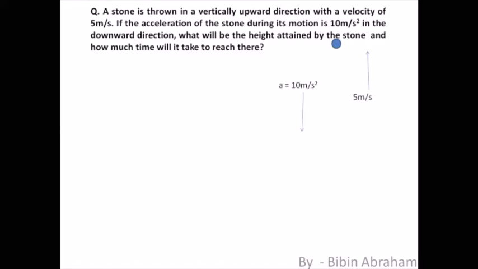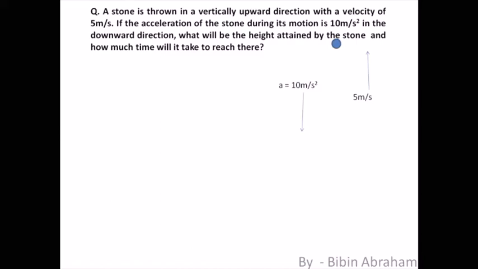So the initial velocity will be 5 meter per second. Final velocity will be where the stone will be stopping in the air. So at that point, the final velocity will be 0. And when the final velocity is 0, the distance I have traveled will be the height. Yes or no? I hope this is clear, right?